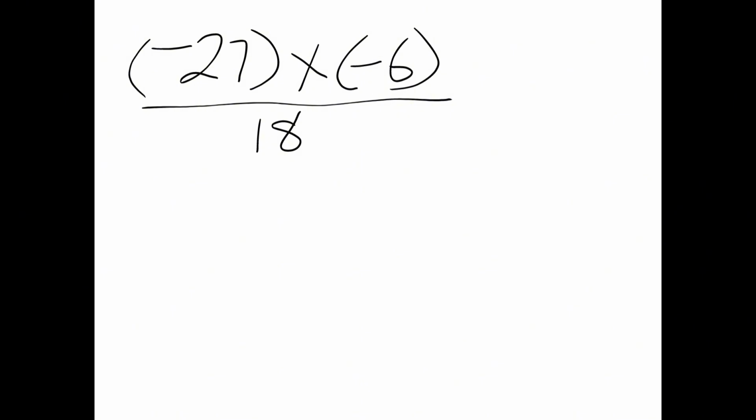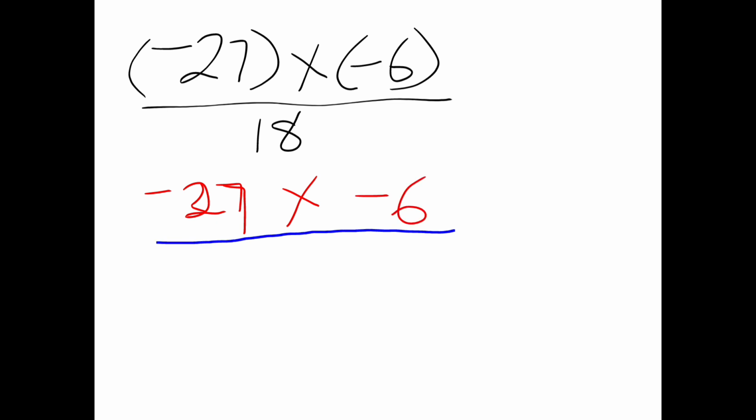With this, let's bring out the question without the brackets. So we're having what? Minus 27, right? Multiplied by what? A minus 6. Everything divided by what? A plus 18, right? Good.